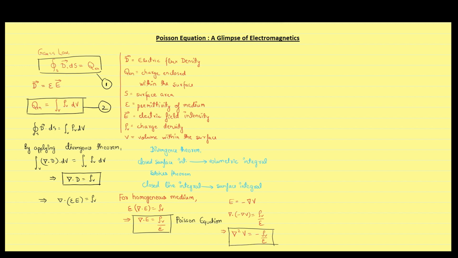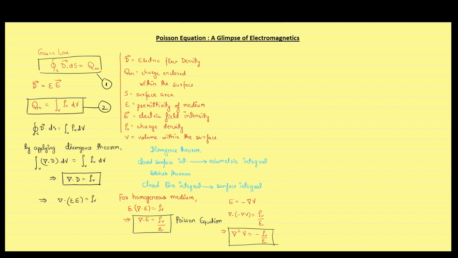We have only written electric field intensity in terms of electric potential. Otherwise, both the equations are same. However, the first equation is used more commonly in semiconductor devices, whereas the second equation is used more commonly in electromagnetic theory.